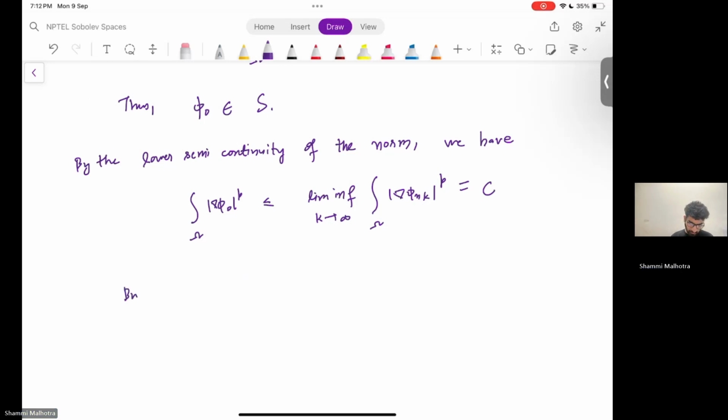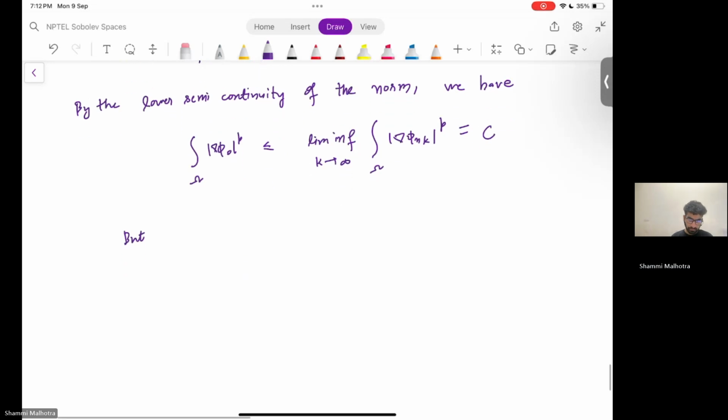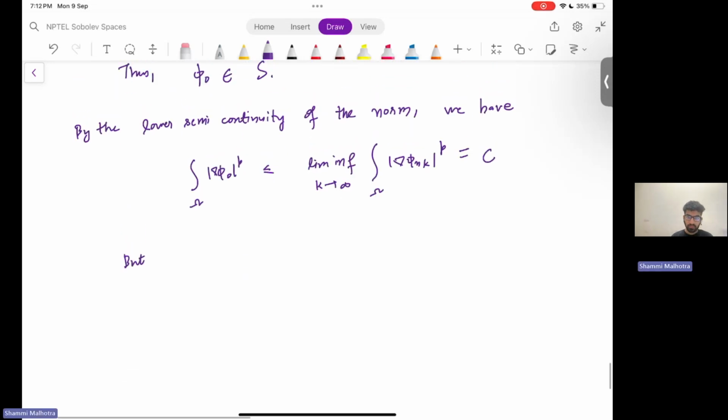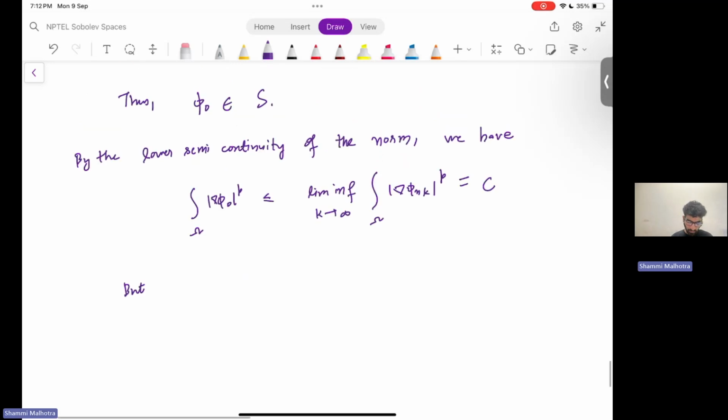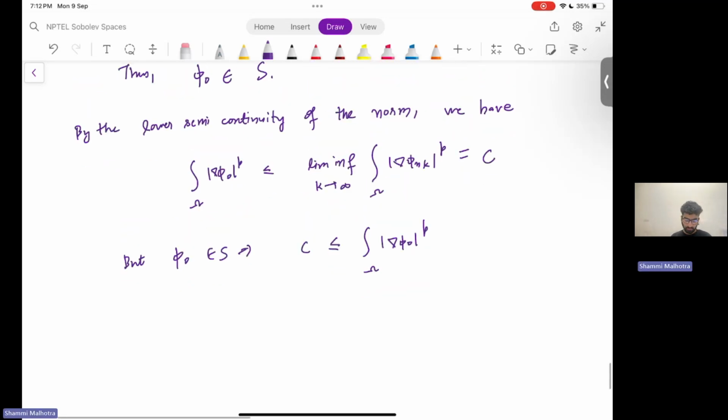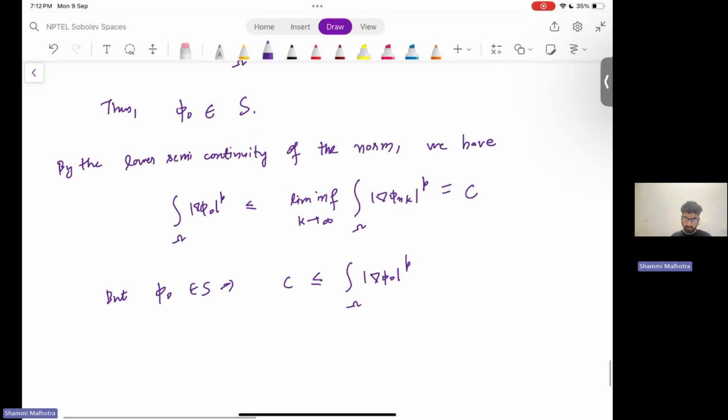But what do I know about this phi naught? This phi naught belongs to S. What this implies is that c has to be less than or equal to the integral over omega of grad phi naught to the p, because now phi naught is a member of S, and we have the infimum on this unit sphere.